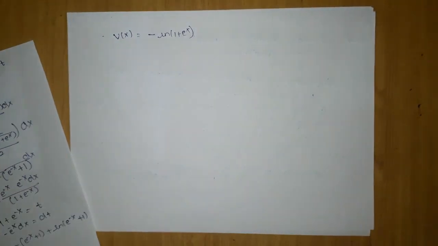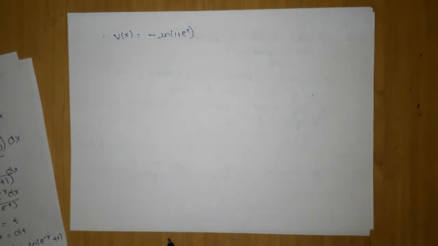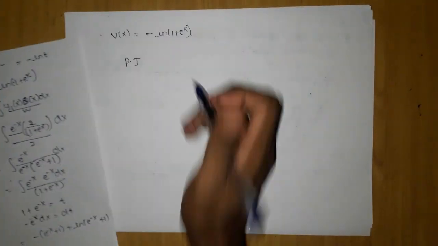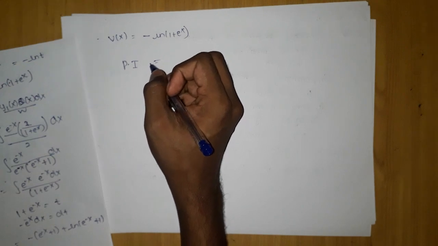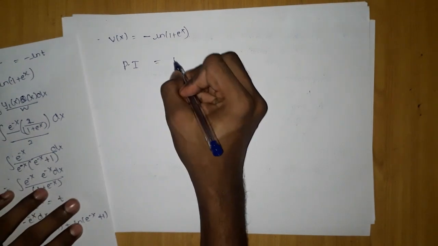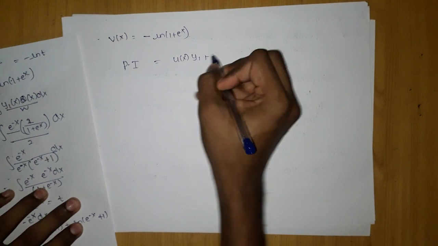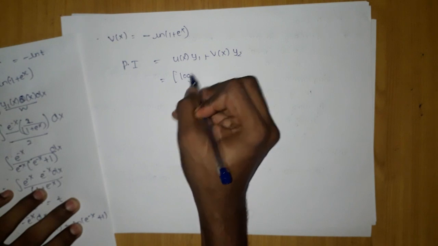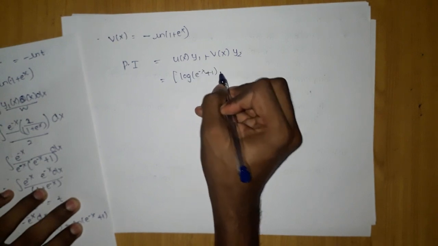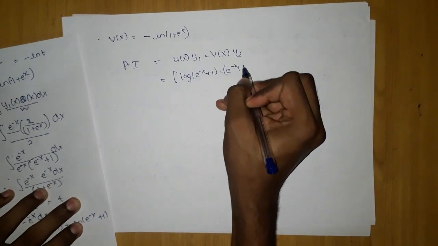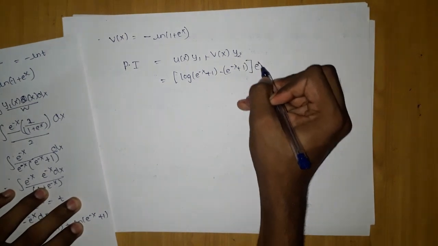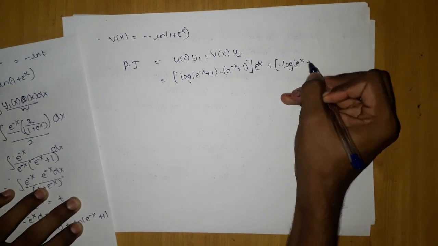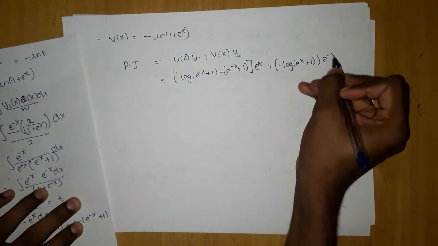So in both of them you are going to get just opposite u of x and v of x, and if you try to get the particular integral of this one, both will be the same. So you can take any of them, u of x into y1 plus v of x into y2, which will give you bracket log e to the power minus x plus 1 minus e to the power minus x plus 1 bracket e to the power x minus log e to the power x plus 1 into e to the power minus x.